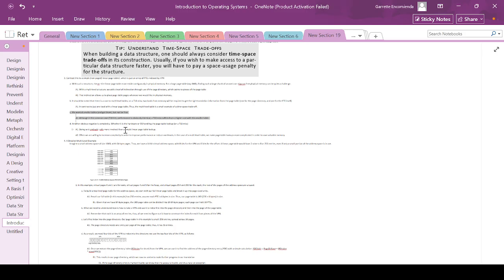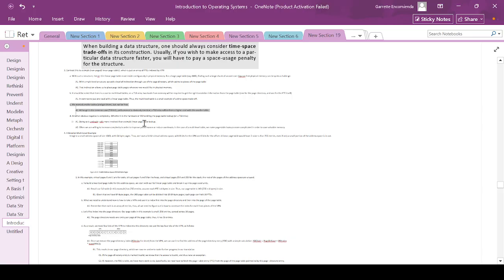But it's not for free because we need to pay for a longer translation time. Although in the common case of a TLB hit, performance is obviously identical. For a TLB hit, the performance is identical with a larger page table because it's still in the TLB. It doesn't lead to a longer translation.